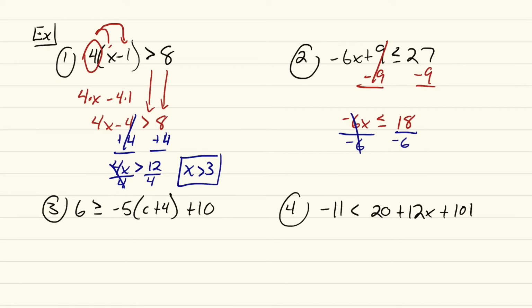And that leaves me with x is greater than or equal to negative 3. And remember that we flip the sign because we divided by negative 6. And that's an important thing not to forget. It's going to keep coming back. We learned it in 5.5, and it's here again in 5.6.